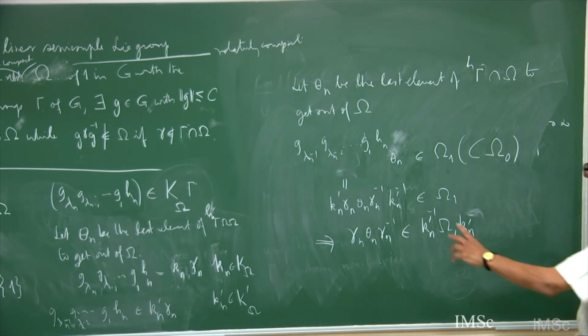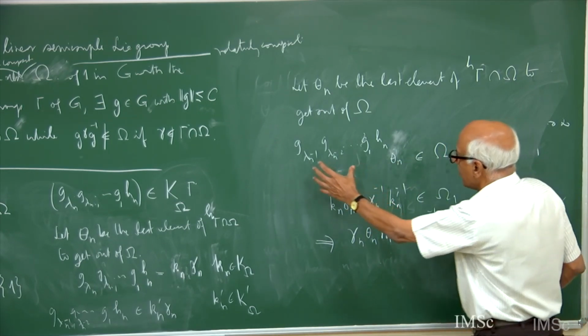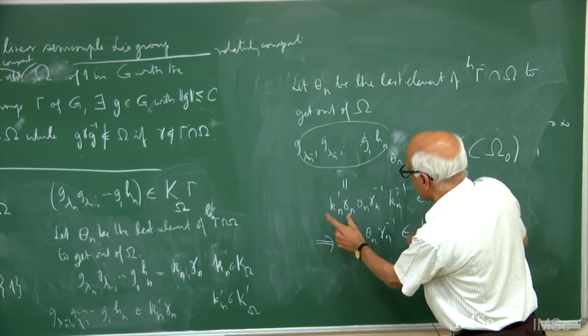Is that clear? This whole thing after conjugation gets into omega 1, but the whole thing has been written as Kn prime gamma n.